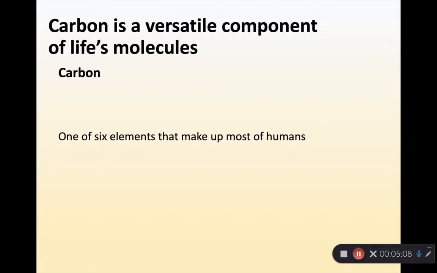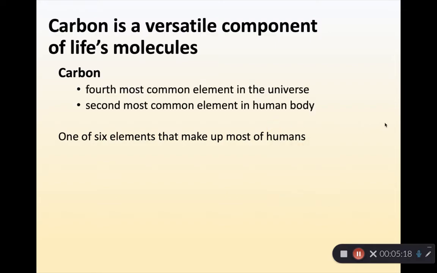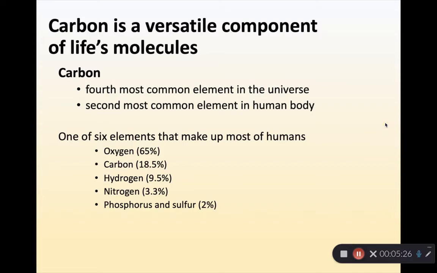When we're talking about biology, the element that is by far the most important is carbon. It's the fourth most common element in the universe, and it's the second most common element in the body. When biologists are thinking about life on other planets, we're thinking specifically about the elements that are the most important here on Earth: oxygen, carbon, hydrogen, nitrogen, phosphorus, and sulfur.